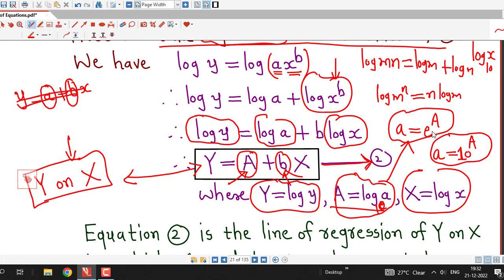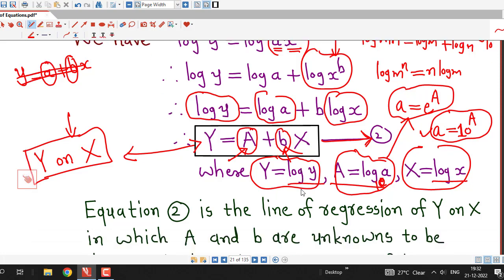If we have taken natural base, we will consider small a equal to e to the power capital A. If we have taken base 10, then small a will be equal to 10 to the power capital A. And here also we can use any base for the given logarithm.